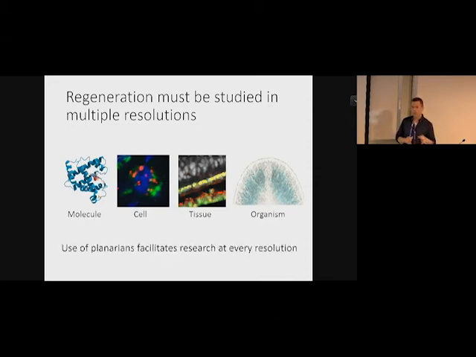And using a simple invertebrate model that can actually regenerate very well allows us to do studies at those multiple resolutions. And I think that the next slide shows how well and how predictable the regenerative capacity of planarians is.